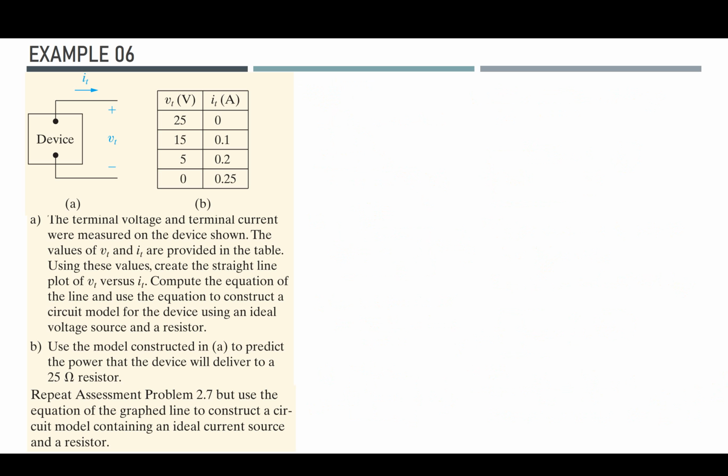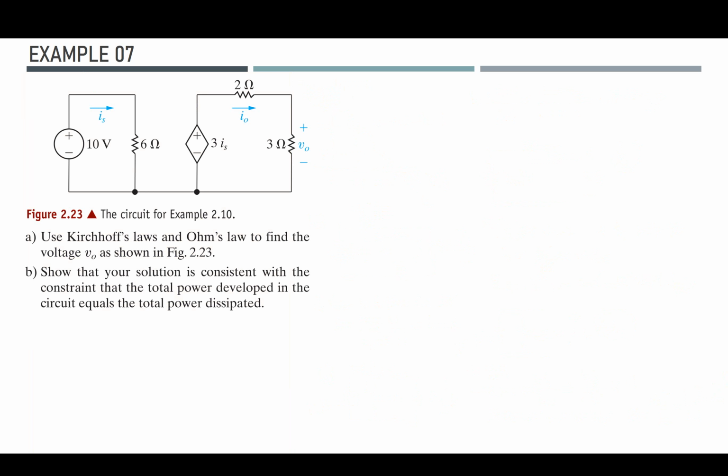In example 7, use Kirchhoff's laws and Ohm's law to find the voltage as shown in this figure. Show that your solution is consistent with the constraint that total power developed by the circuit equals the total power dissipated, as expected. So in this circuit we have two loops basically, and the current in the first loop controls the dependent voltage source on the second loop.